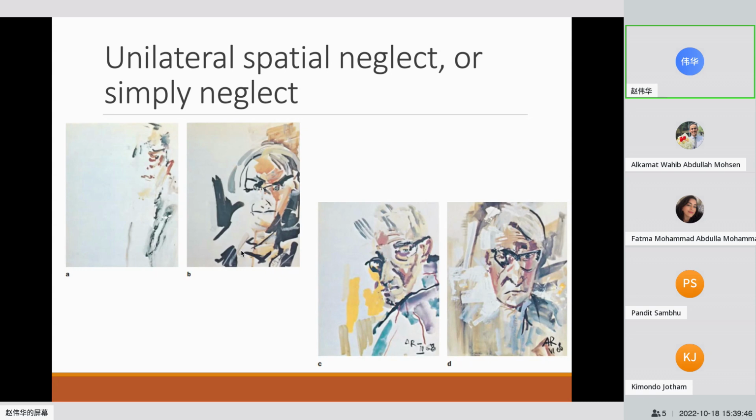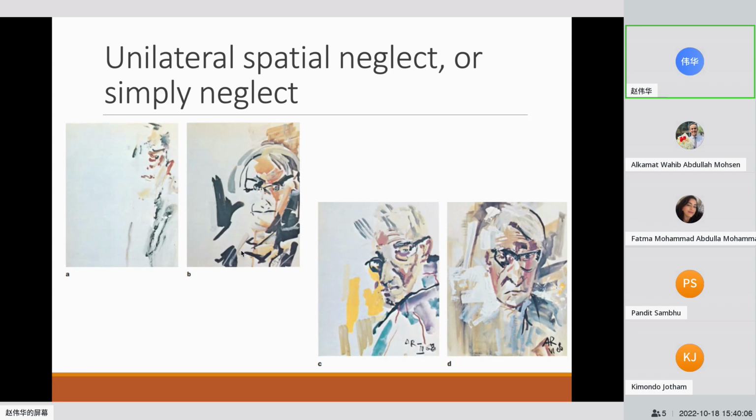From figure A, you can't see the left part. He just has one eye and a part of the nose and only one ear. But toward the left, there is nothing.